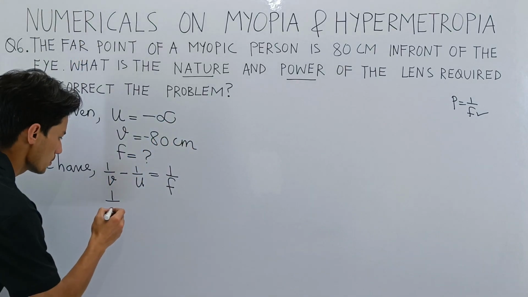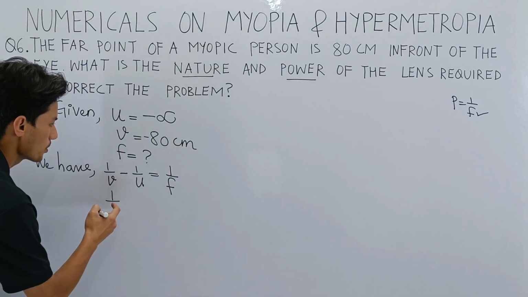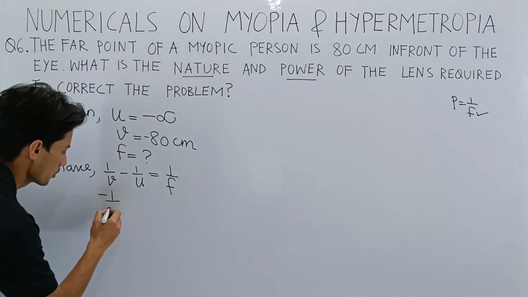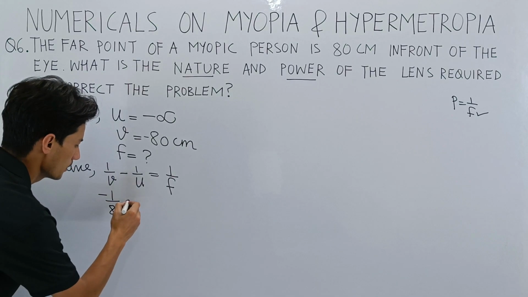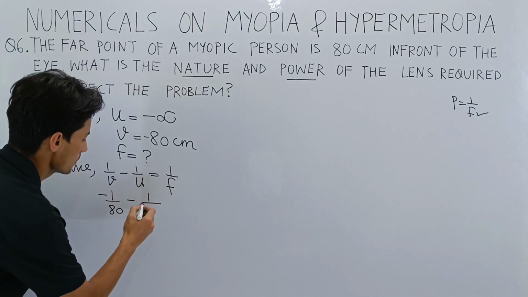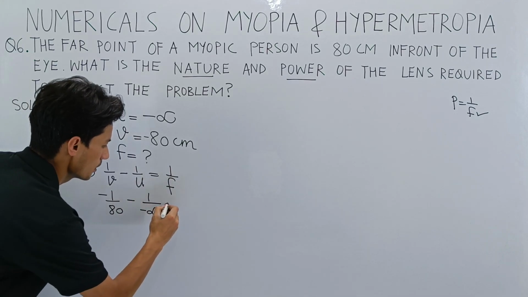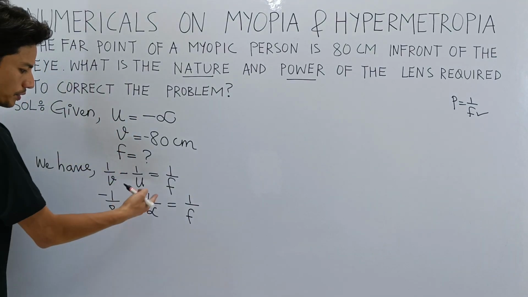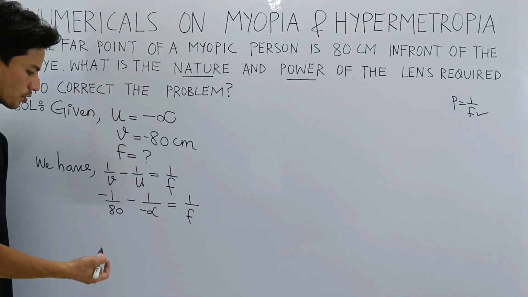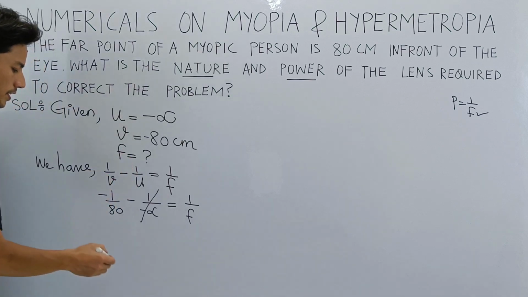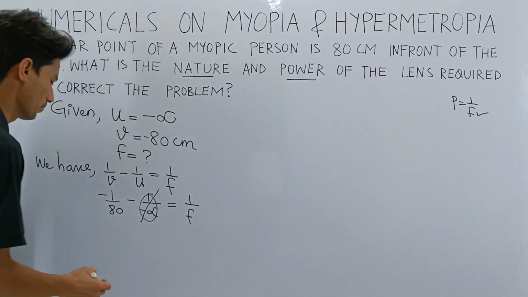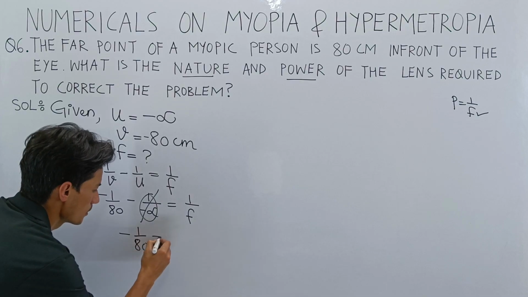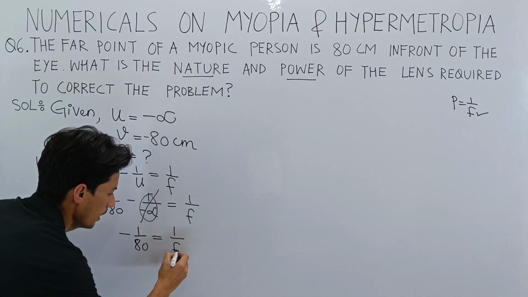So the denominator is minus 80, but the denominator does not carry the negative sign, so let's give it to the numerator. Then minus 1 by minus infinity is equal to 1 by f. Anything divided by infinity is 0, so this becomes 0. What is left is minus 1 by 80 is equal to 1 by f.